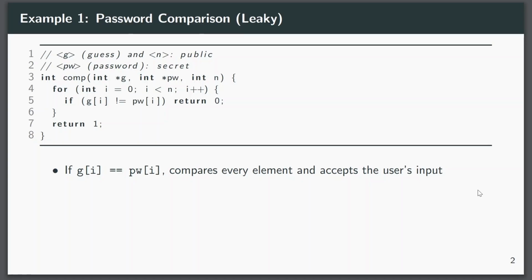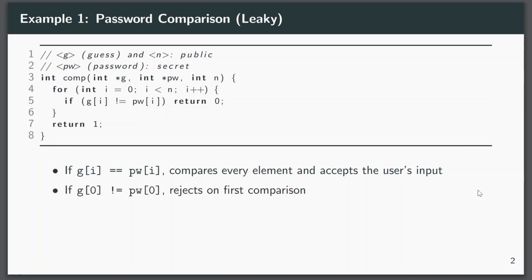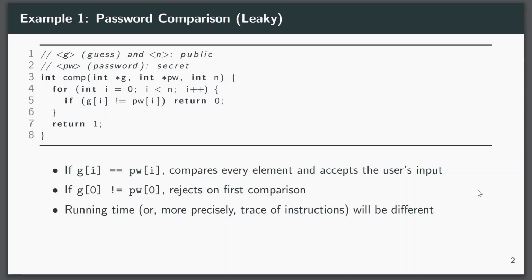But if we find one element that is wrong, then we immediately reject the user's guess. So for example, if the first element is already wrong, then we reject the user's input on the very first comparison. And this implies that the running time of this function, or more precisely, the trace of instructions executed, will vary depending on the password, which is sensitive information. So there's a correlation between the password and the running time, which could be exploited.